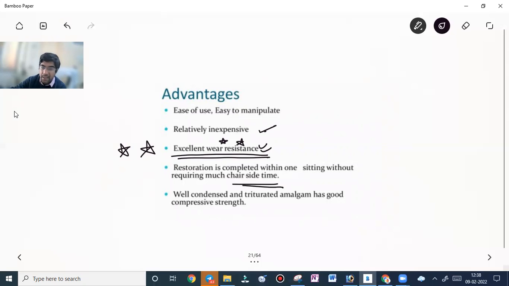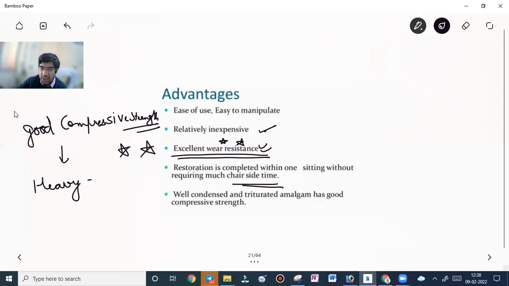So remember, amalgam has good compressive strength. So that is why it can be used in restorations that have heavy occlusal load. So that is what you have to remember from your exam point of view.